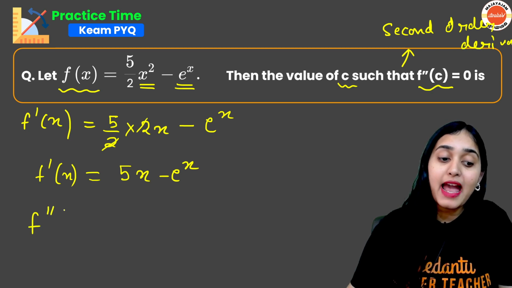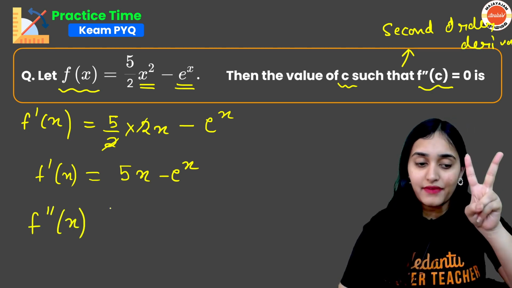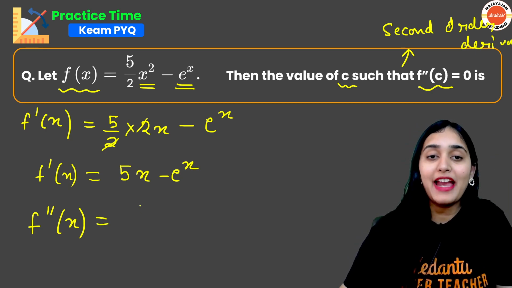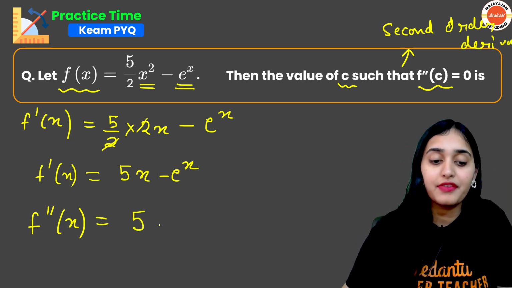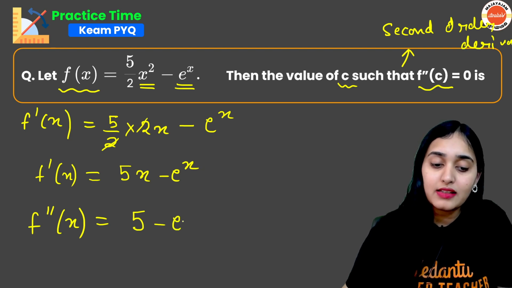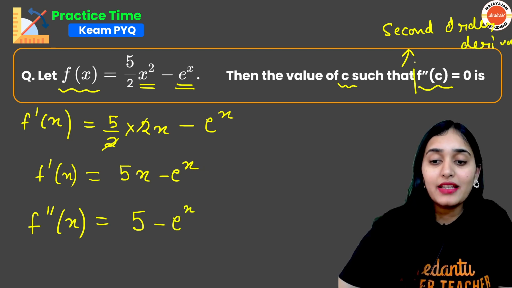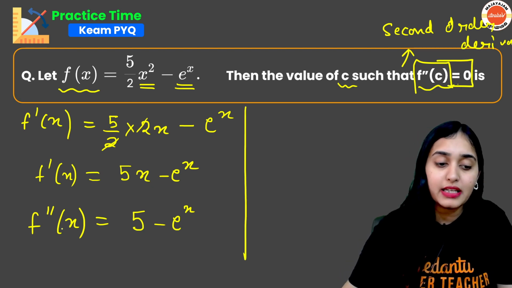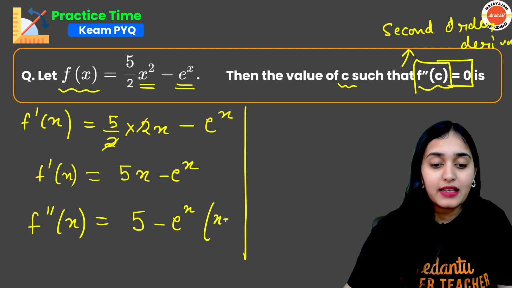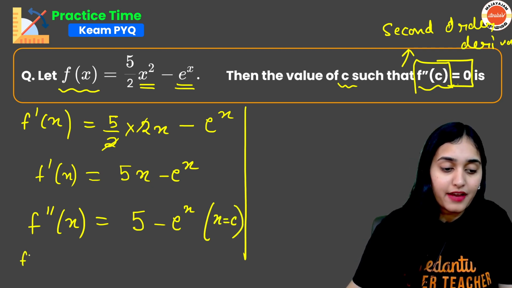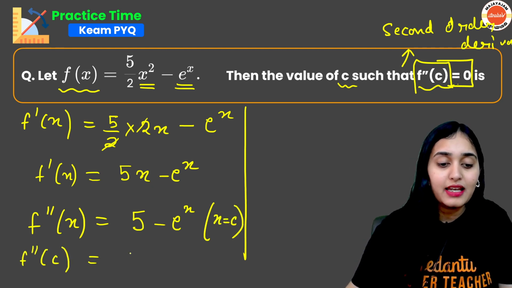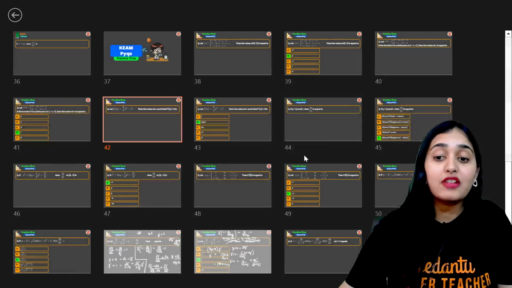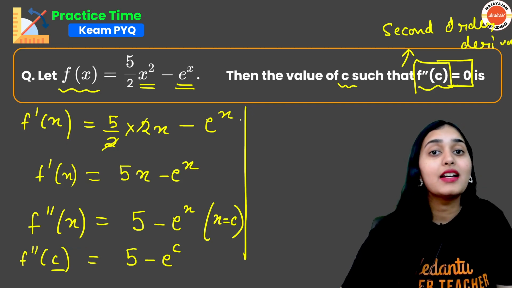Now f double dash of x will be deriving it 2 times. F double dash of x will be 5x differentiation is 5, e to the power x differentiation is e to the power x. Now in the question they have said f double dash is 0. So let us put here x is equal to c. So f double dash of c is equal to 5 minus e to the power c. Now f double dash of c is given in the question as 0.